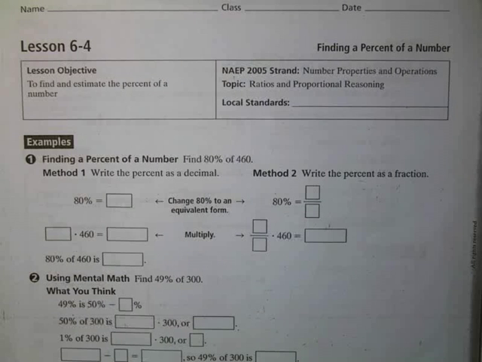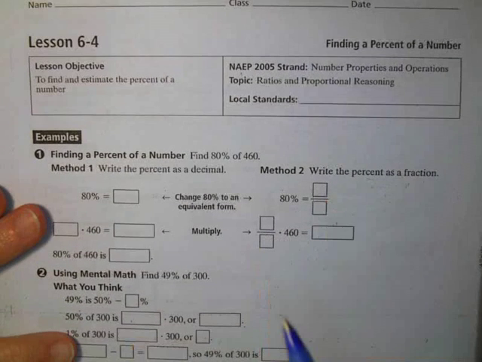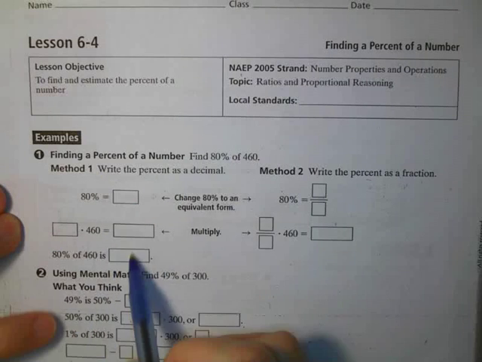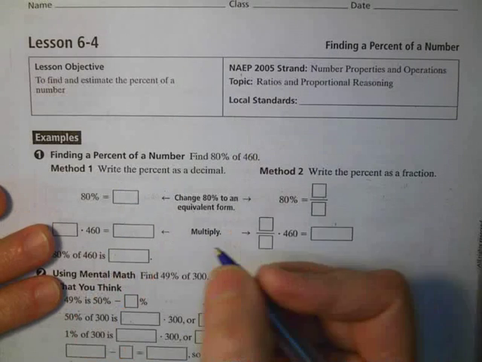One thing I do like is that you do need to know how to work with fractions, because sometimes you will have repeating numbers that are not going to give you accurate answers. So we will talk a little bit more about that statement in class, but let's just go with what we have here. The first thing I can do, method number 1, is write the percent as a decimal.